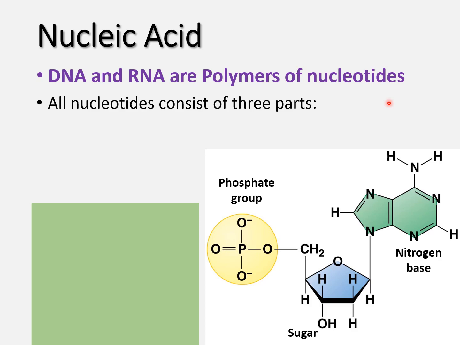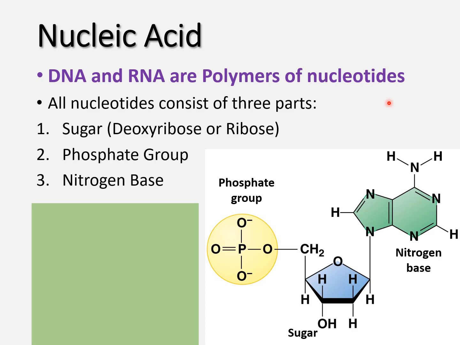So DNA and RNA are polymers of nucleotides. So DNA and RNA are nucleic acids, and just like amino acids make up our proteins, nucleotides make up our nucleic acids, okay? And all nucleotides consist of 3 parts, just like our amino acids have 3 parts, okay?